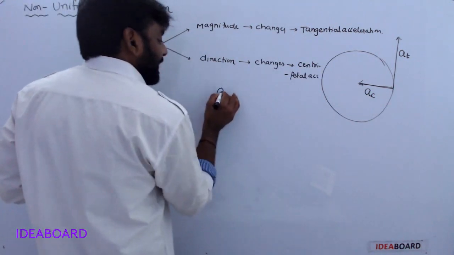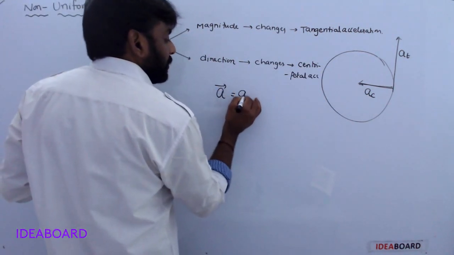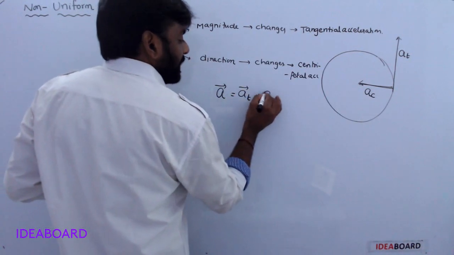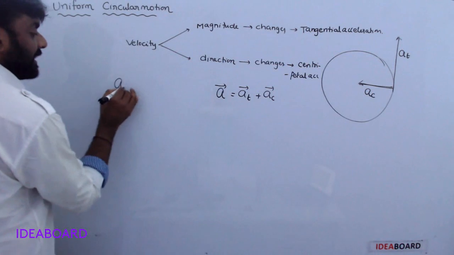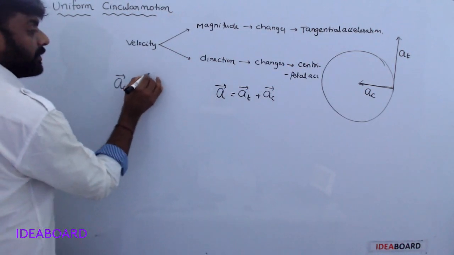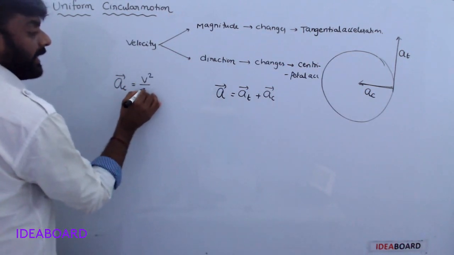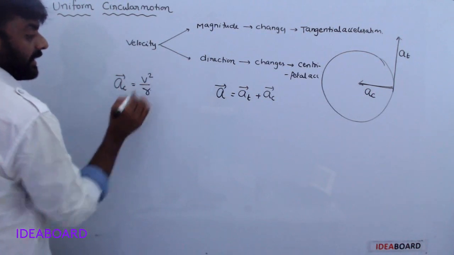Now, net acceleration is equal to tangential acceleration plus centripetal acceleration. You know, centripetal acceleration is equal to v square by radius r.